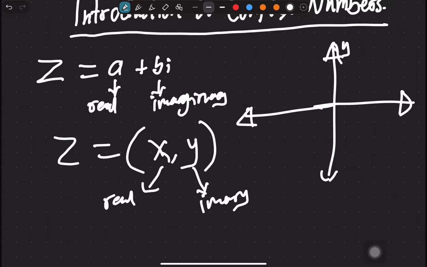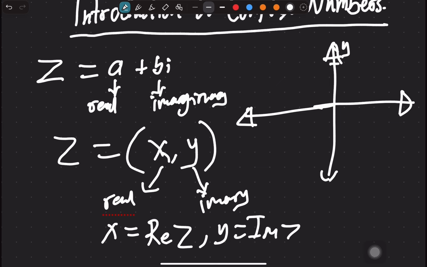So any imaginary part is represented on the vertical axis and any real part is represented on the horizontal axis. So we'll call x the real component of z and y is the imaginary component of z.